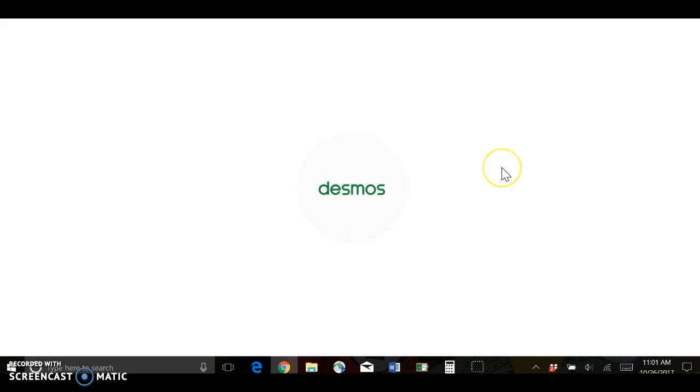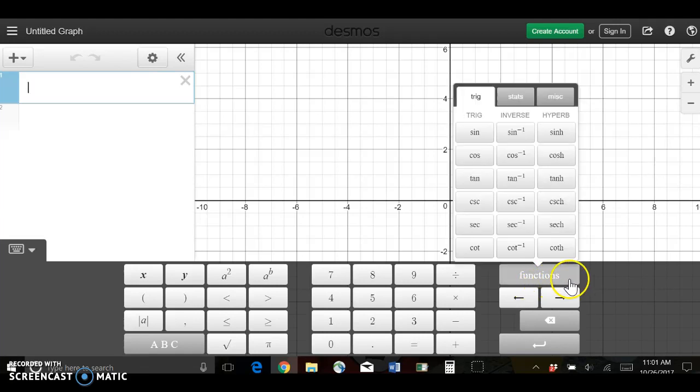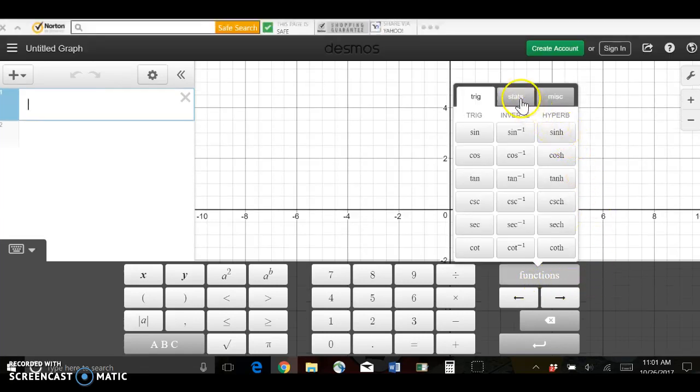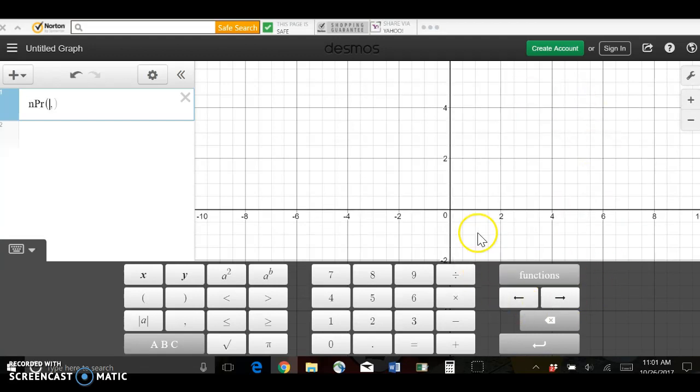For those of us who don't have a calculator with us, we can use this free graphing calculator. And I'm going to go here to function, and I'm going to do stats because it's probably under stats, and here it is for permutation. So I have nPr, and so my n is 7 and my r is 5, and it gives me my value of 2520.